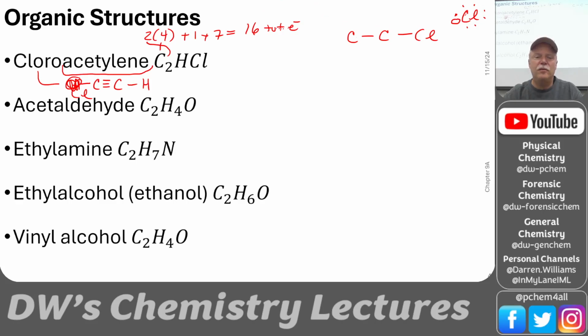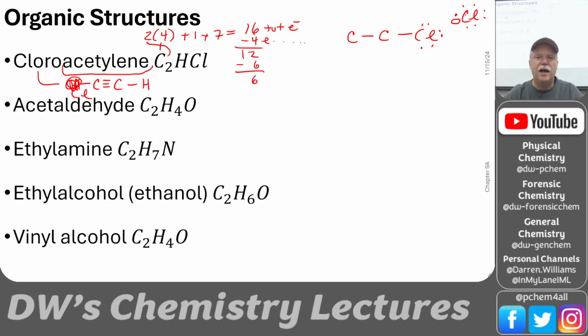So I've used up 4 electrons in the bonding. Okay. So I've got 12 left. So we'll put them on the most electronegative atom first. 1, 2, 3, 4, 5, 6. All right. And so used up 6, and I've got 6 left.